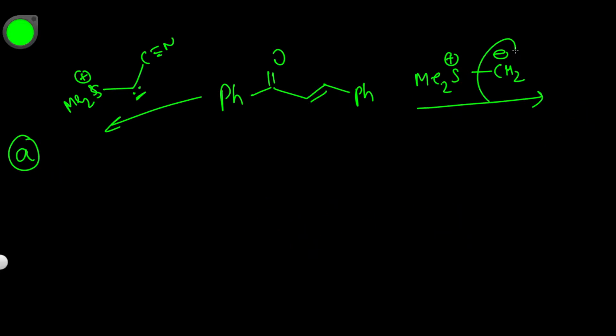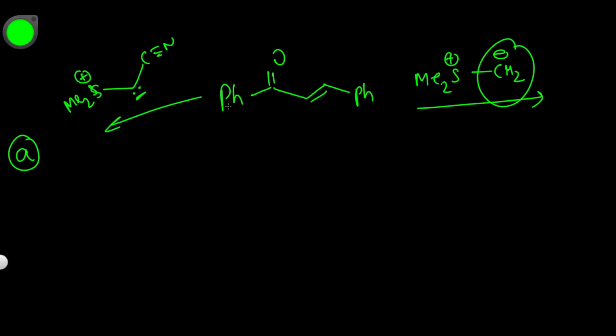So this negative charge is only delocalized with the sulfur vacant orbital conjugation. But this negative charge is in conjugation with this cyanide also and with this sulfur also.